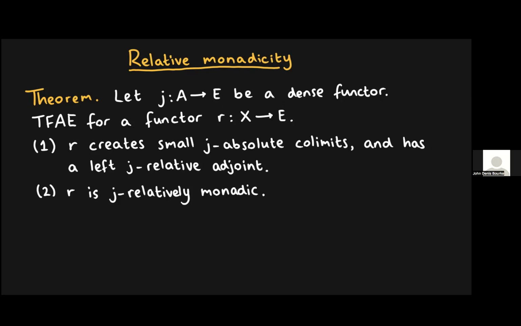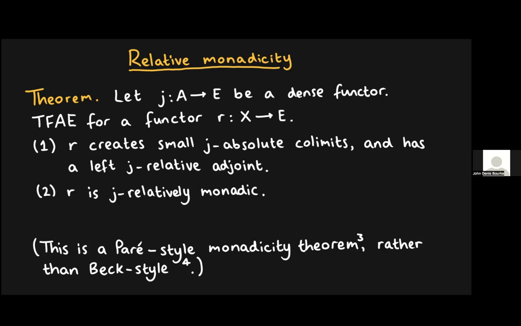And by that I mean that R is the forgetful functor from the category of algebras for a relative monad, at least up to isomorphism. I'm thinking about strict creation of absolute colimits, so I'm asking for it to be isomorphic to the category of algebras for a relative monad over the base category.